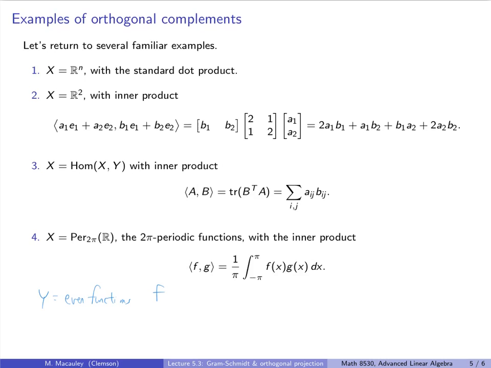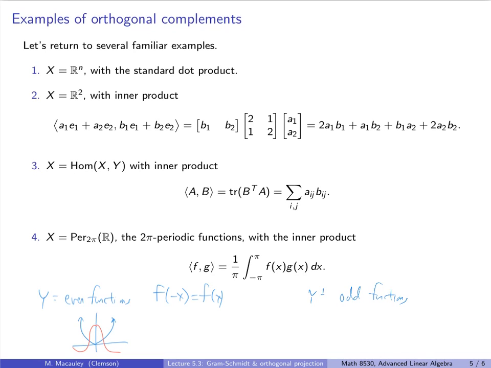And that means that a function is even if f of negative x equals f of x. So in your head, you should think about that an even function is like a polynomial of even degree, or like a cosine wave, something like this. And in fact, if you write an even function as a Taylor series, that's going to have only even powered terms. I claim that y perp is the space of odd functions.